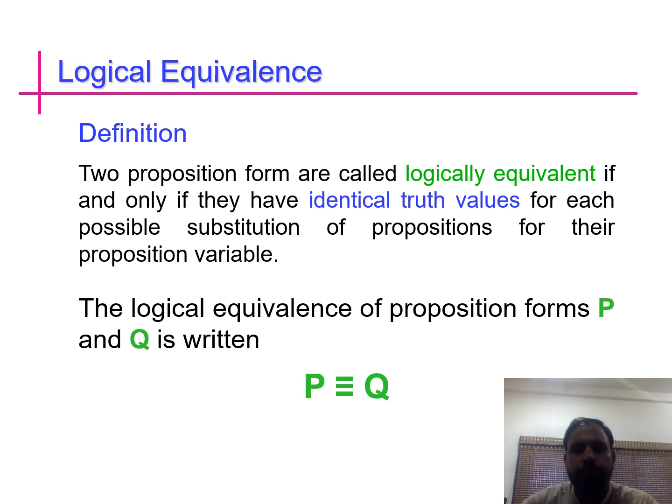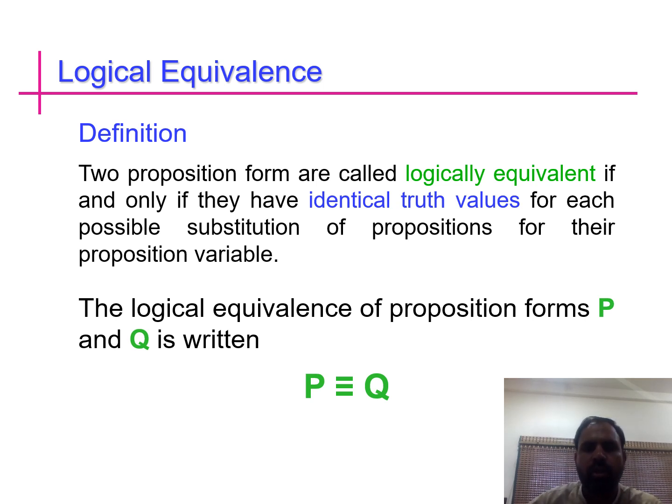Logical equivalence. First of all, we define logical equivalence. Two proposition forms are called logically equivalent if and only if they have identical truth values for each possible substitution of propositions for their proposition variables, as discussed in the truth table.